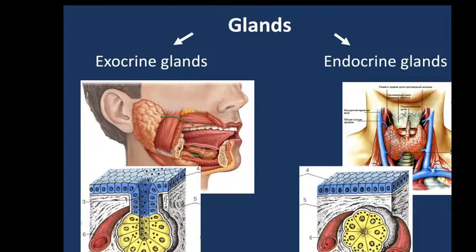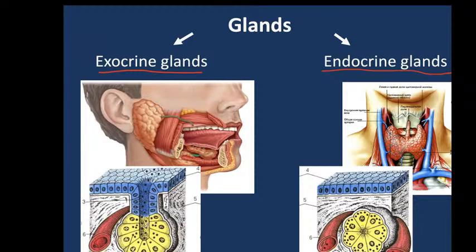And glands, because mostly all parenchymal organs produce some secretions, we call them glands, and there would be exocrine glands here, this group, and endocrine glands. What is the difference between exocrine and endocrine glands?